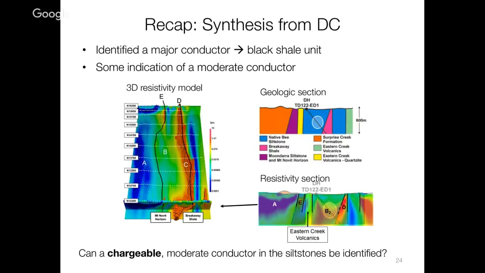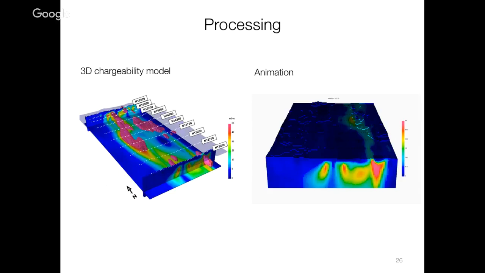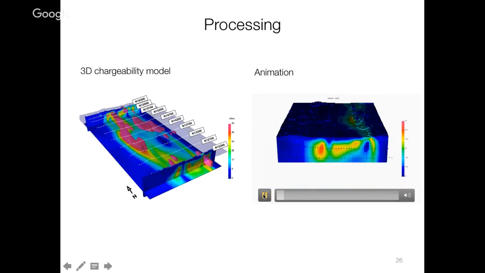And then the next step is we're going to invert the IP data using that mapping function. So that's the third step. And so that's what we're seeing. We now have a 3D volume of chargeability. We can take a look at that next time. So we're slicing through.